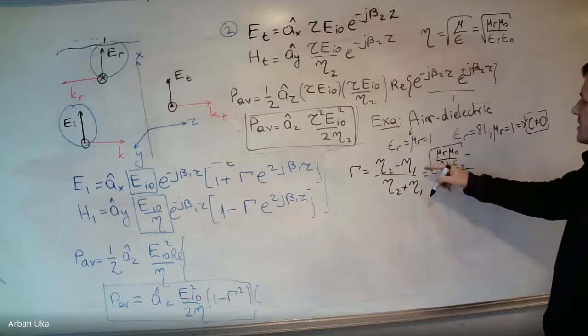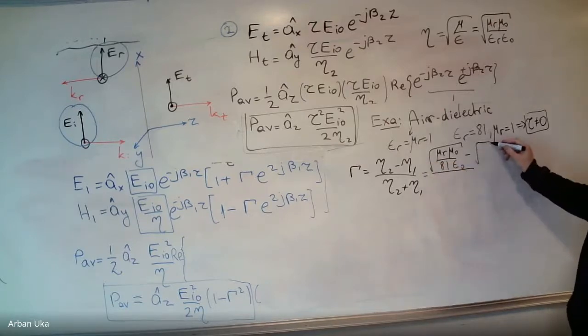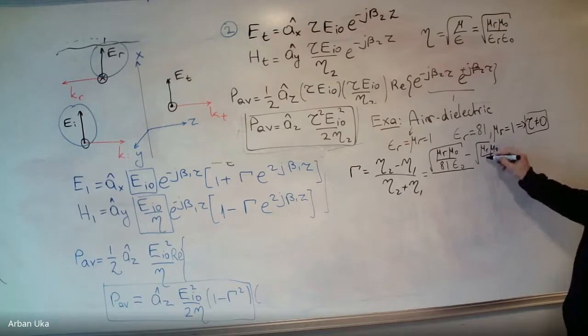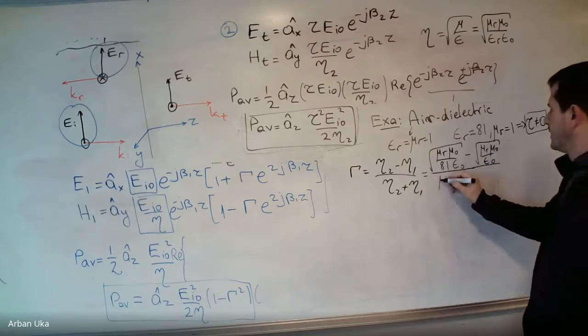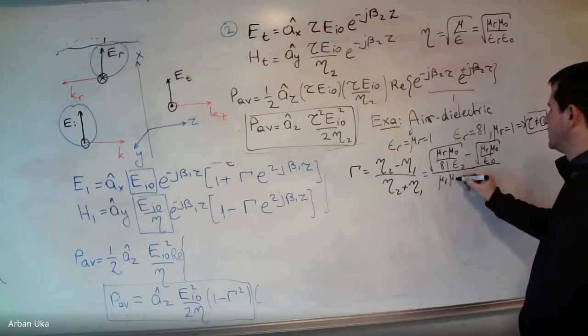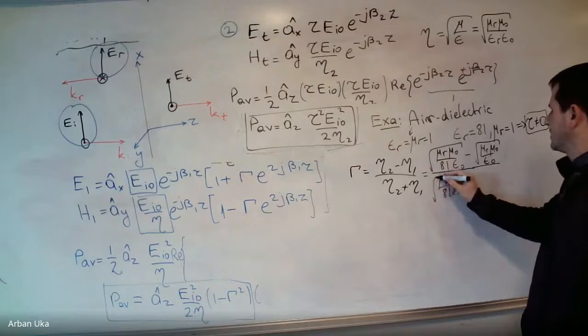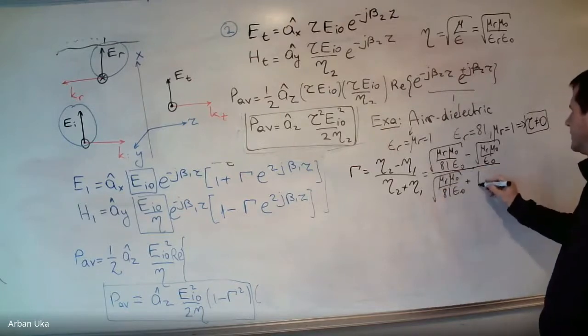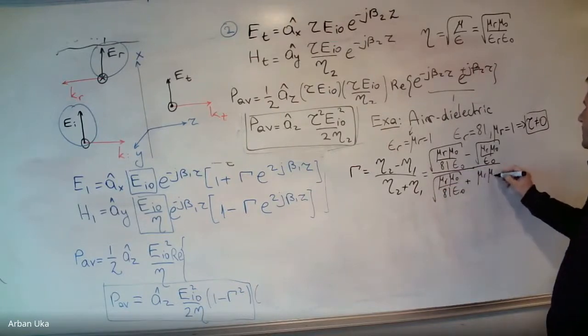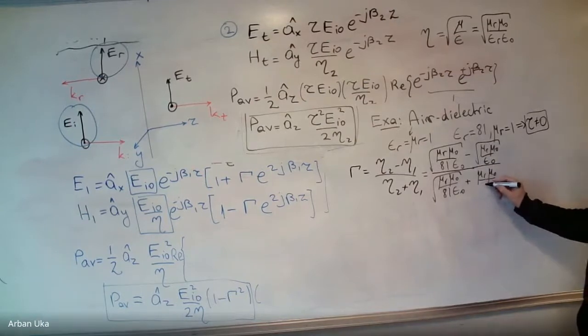Minus, since this is air, we can simply write the following. Mu r, mu 0 over epsilon 0 over mu r, mu 0 over 81 times epsilon 0 plus mu r, mu 0 over epsilon 0.